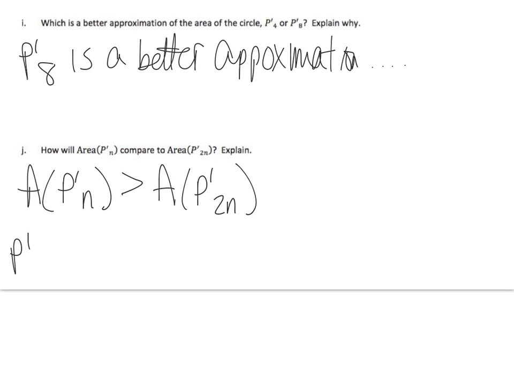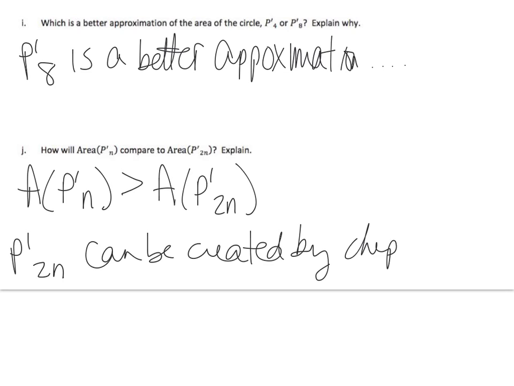P prime 2n can be created by chipping off, by breaking away, by erasing the vertices.